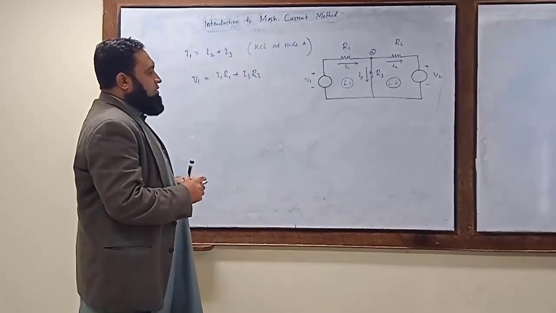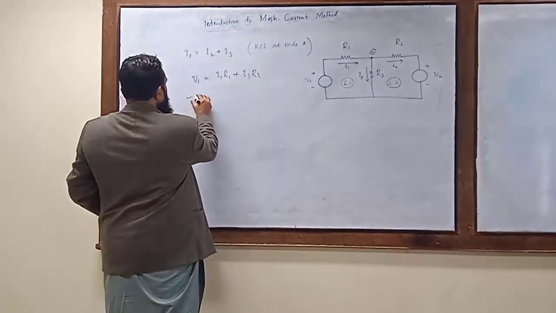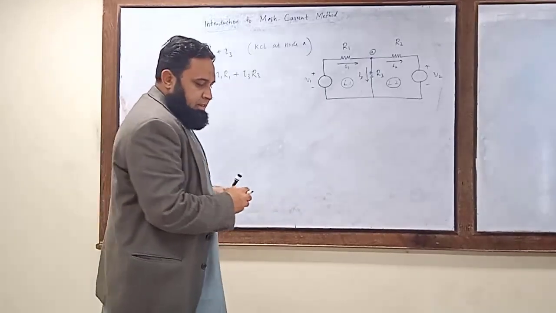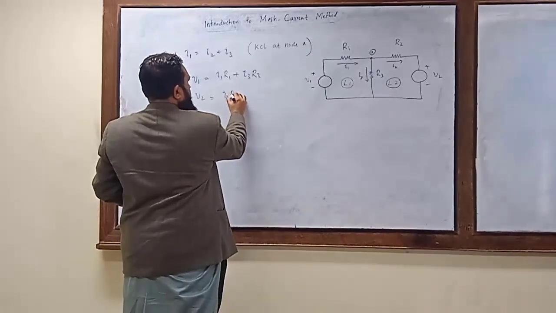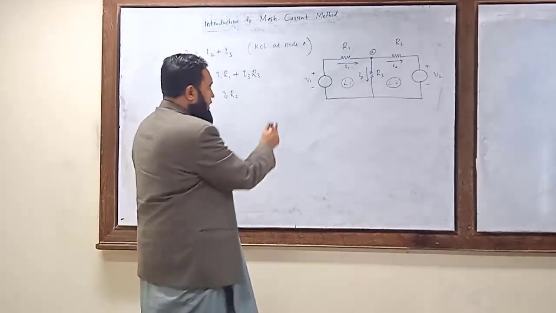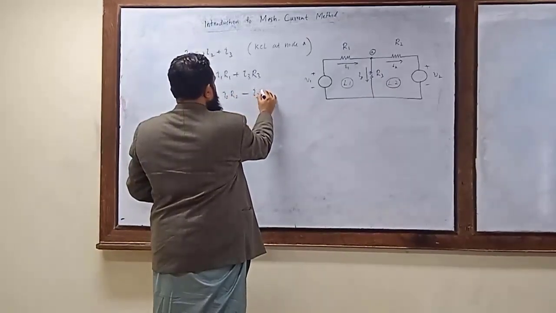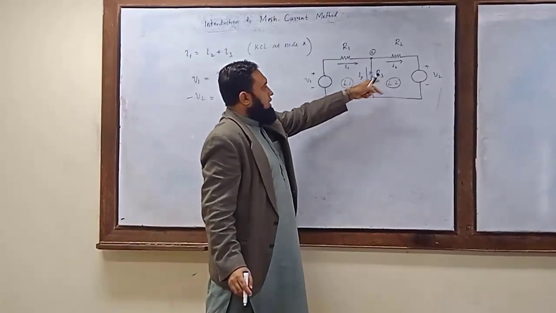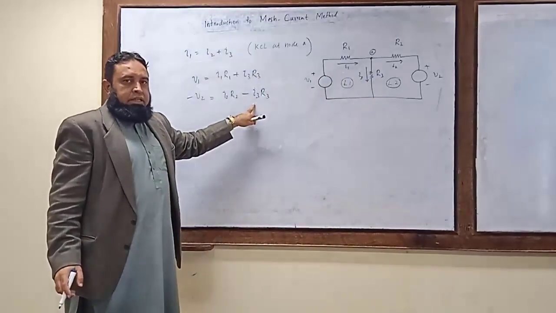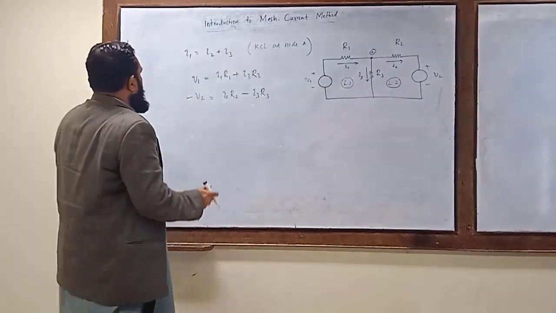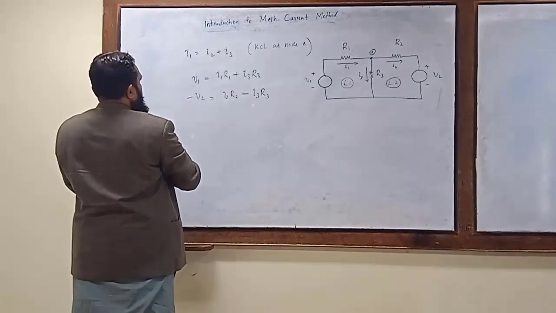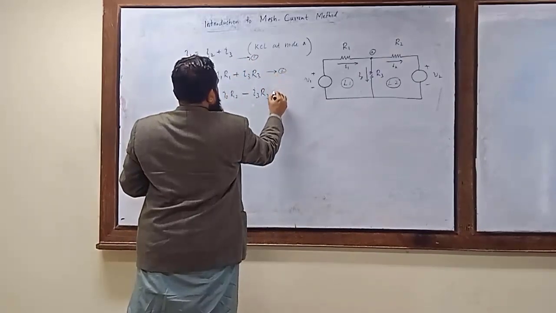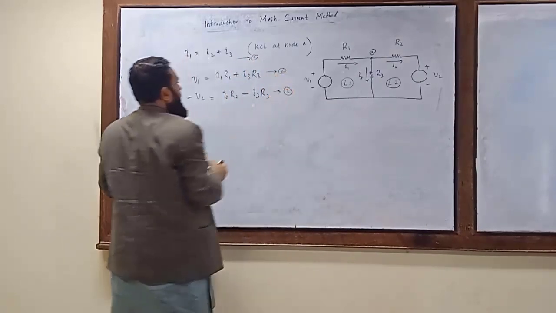So we can write the KVL equation like this: minus V2, this is voltage drop, so it can be represented as negative, and minus I2 R2, minus I3 R3, because voltage drop, and here this is opposite of this current, so that's why it is represented by negative sign. Now, let's assume that this is equation number 1, this is equation number 2, and this is equation number 3.